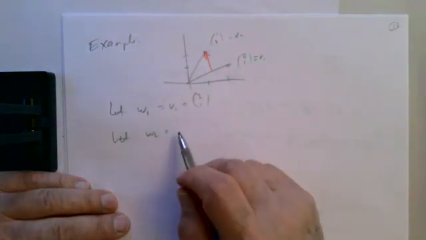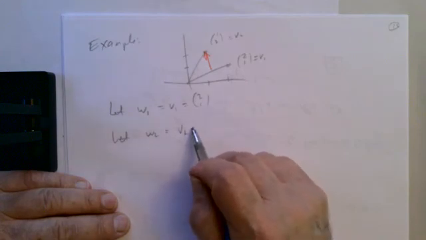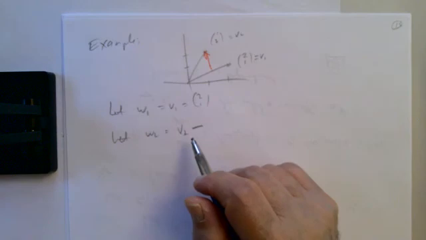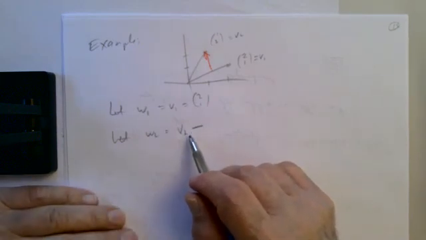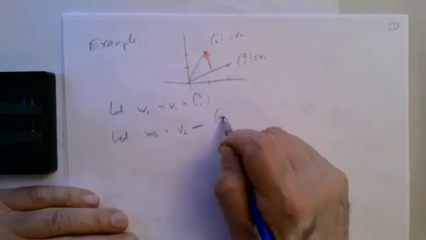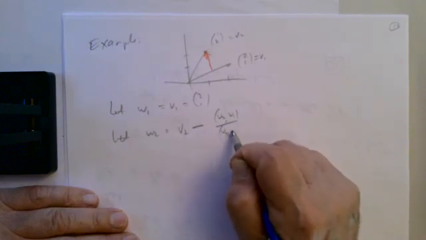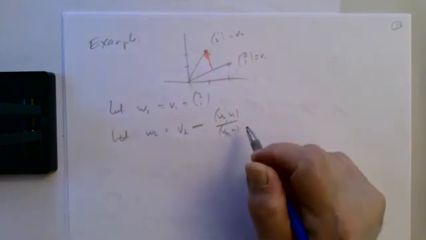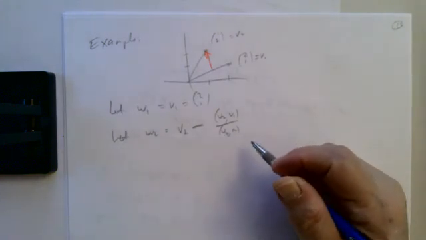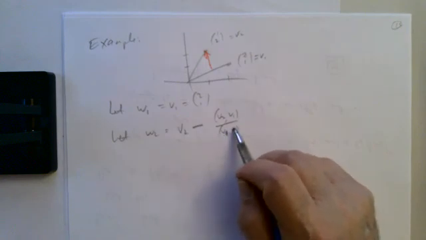So that is V2 minus V2 comma V1 over V1 comma V1 times V1.